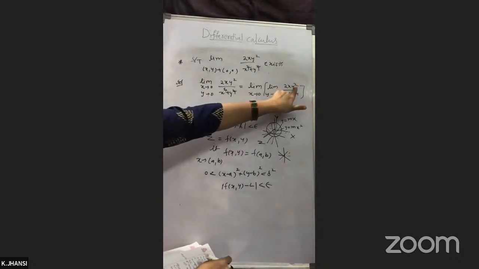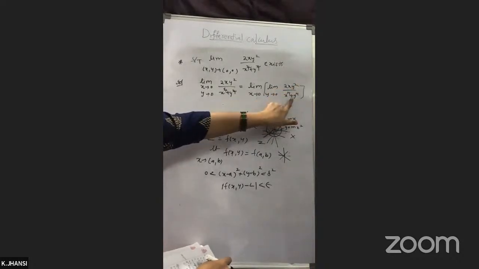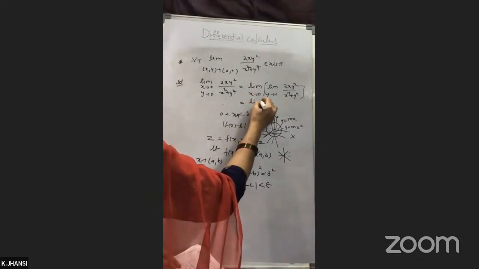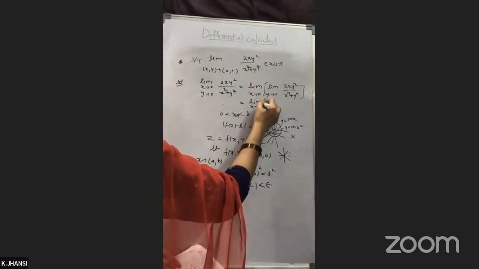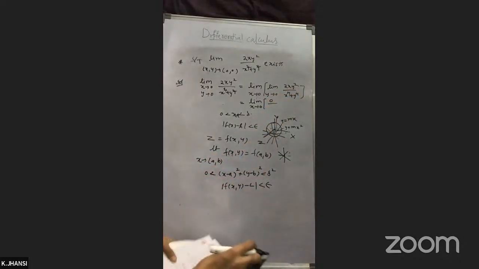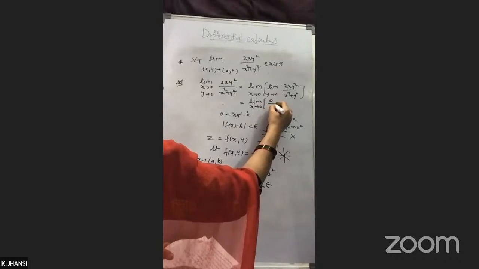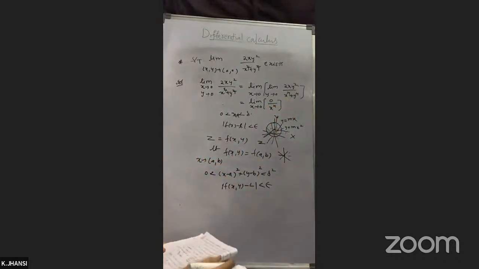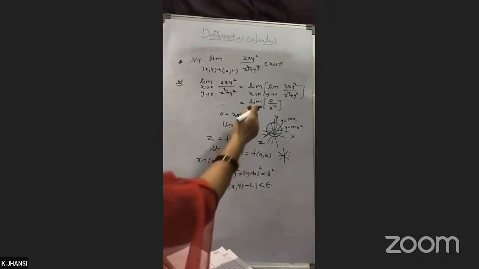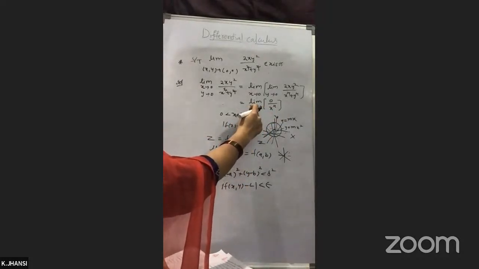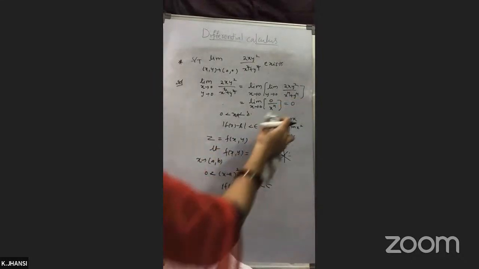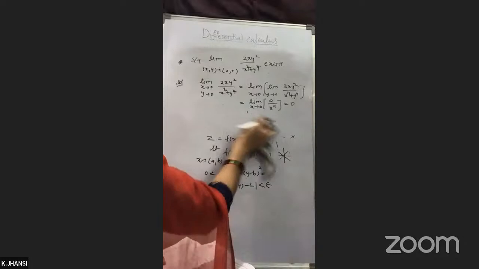The numerator becomes 0, and in the denominator you get x to the power of 4. So 0 by this means it is 0 only, so no need of substituting the x value as 0. The limit of a 0 value is 0.